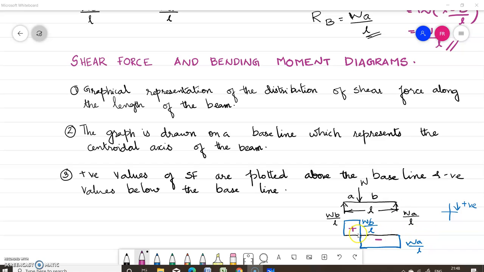So these are the points you have to mark in a shear force diagram, and you have to write SFD at the bottom of this diagram, and mark the values at these salient points.